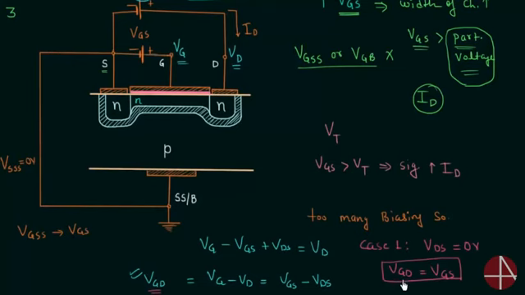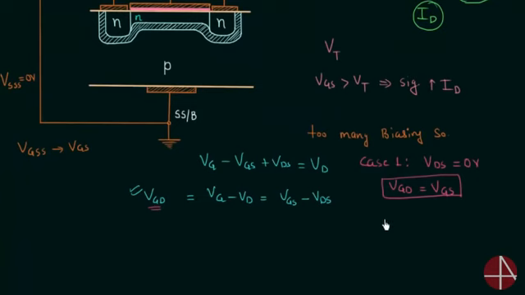VGD is the potential difference between gate and drain. VGS is the potential difference between gate and source, and they are the same. This means we are applying the same potential difference in this region as well as in this region. So the width of the depletion region will be uniform. This implies uniform depletion region.